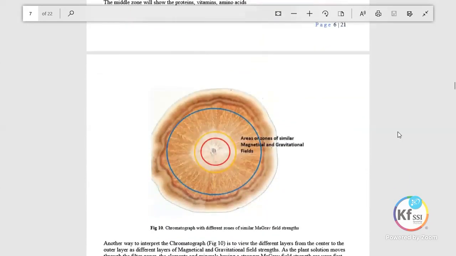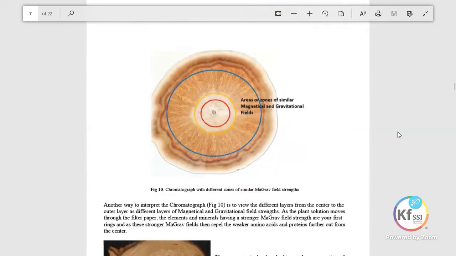Another way to look at these is to look at them as different zones of similar magnetic gravitational fields. So you've got the center zone there, which is the red, and then there's a different color with the yellow, and then the blue ring showing another zone and different layers. So each one of these would be different layers or zones of magnetic gravitational field strengths.